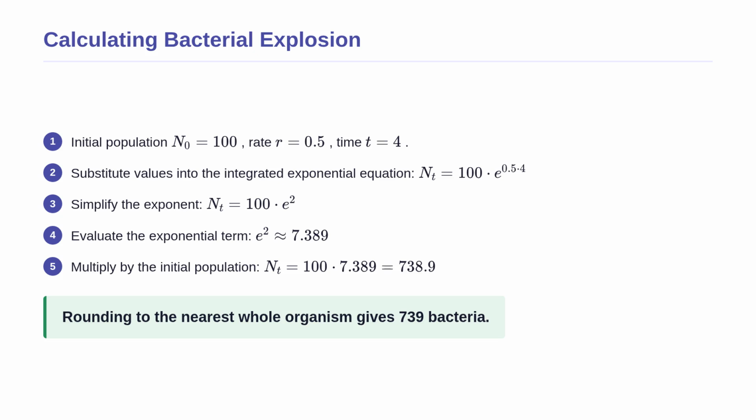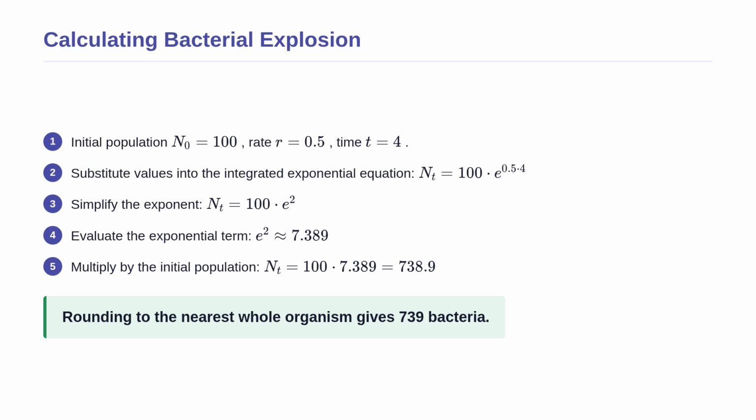Before we move on, let us see this with a concrete example. Suppose a scientist places an initial population of 100 bacteria into a nutrient-rich petri dish with unlimited resources. The intrinsic rate of increase is 0.5 per hour, and we want to know the population after 4 hours. Because resources are unlimited, we use our integrated exponential equation. We plug in 100 for the initial population, 0.5 for the rate, and 4 for the time.